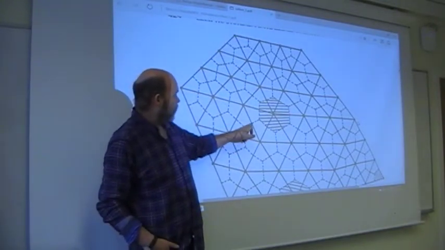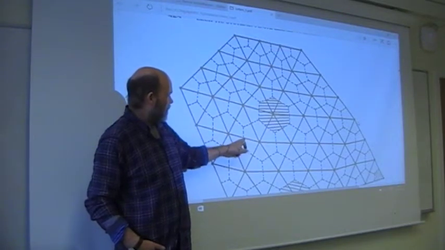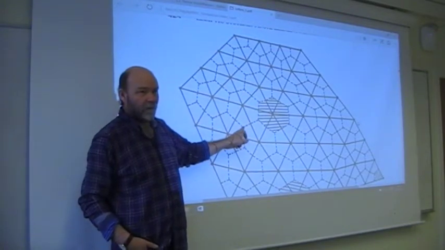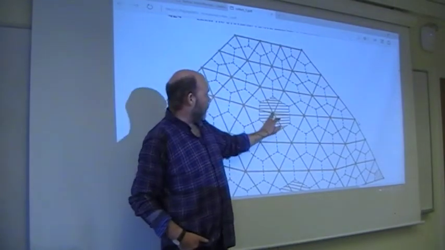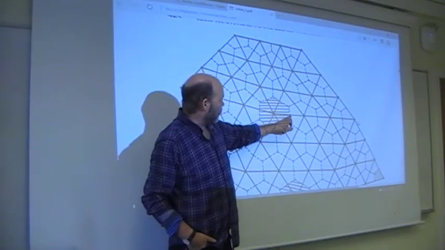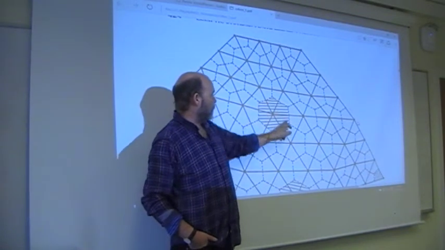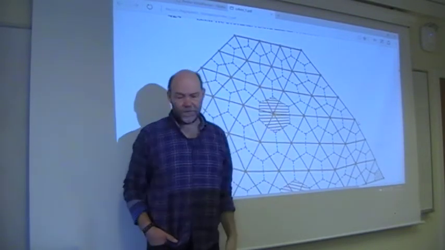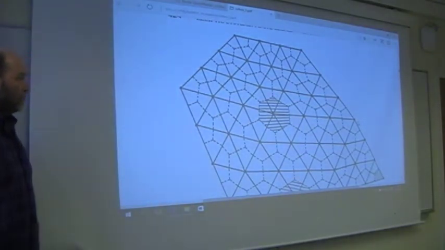You find the midpoints in each of the triangle sides, and you use the area center in each triangle. So around this point we construct then a volume which goes from midpoint to center to midpoint to center and so on all around. And then we look at this control volume or finite volume.